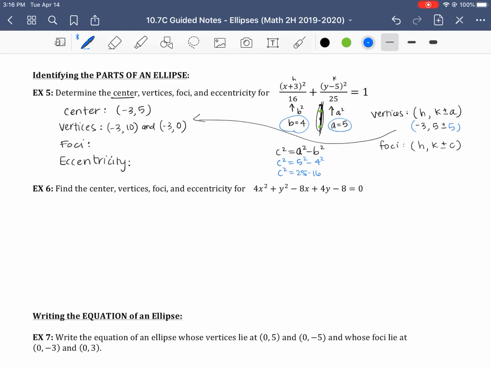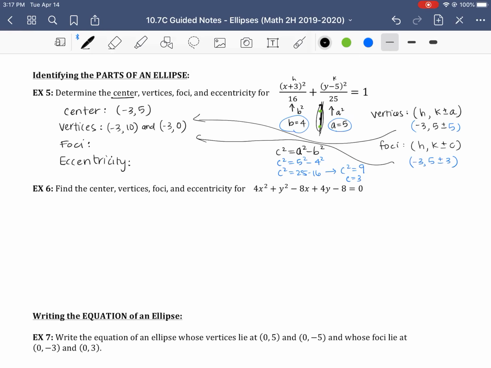So c squared is 25 minus 16. Essentially, c squared is equal to 9. So that means that c must be 3. So if c is 3, then to find my foci, I'm going to have the center there, but I'm going to add or subtract 3 to find those values.